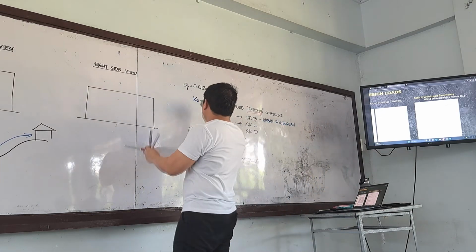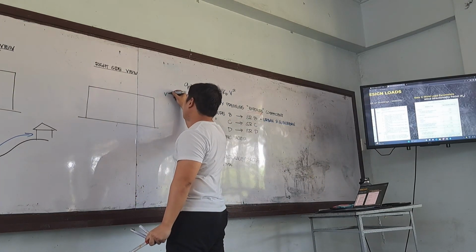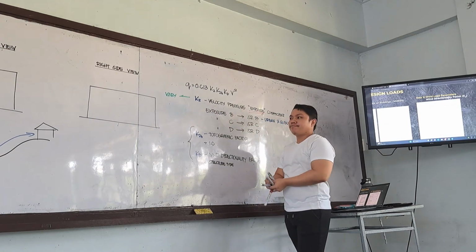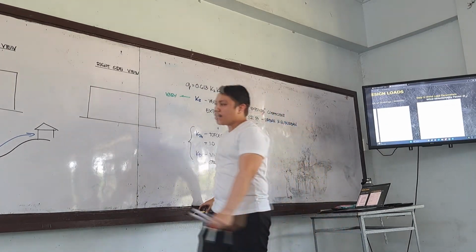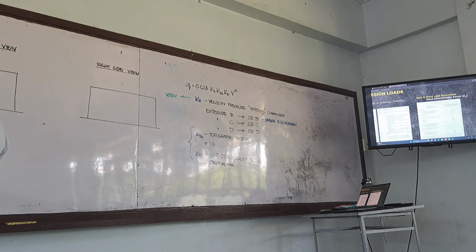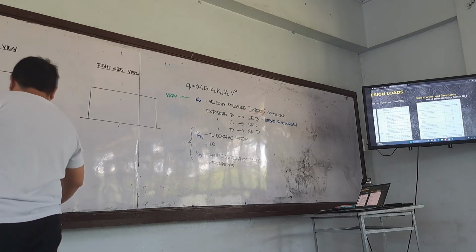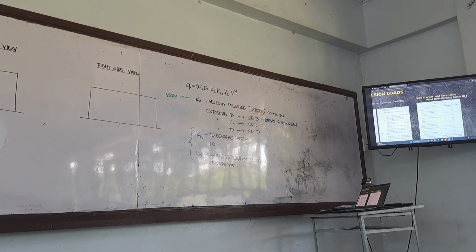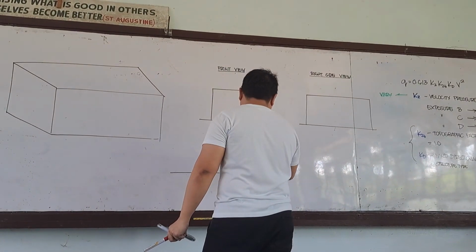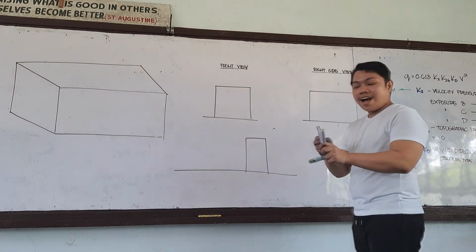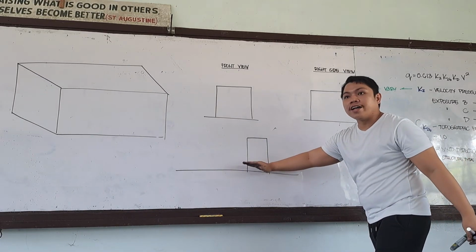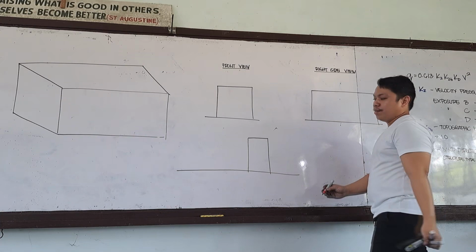But our KZ is the one that varies. How does it vary? That is our principle for wind pressure: it varies with the location or height on the building.